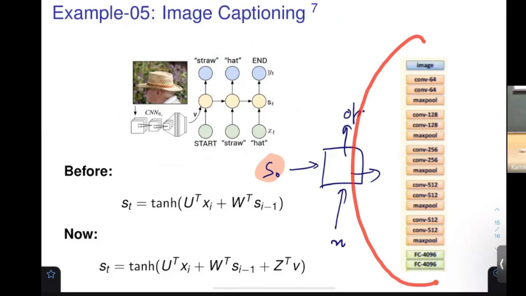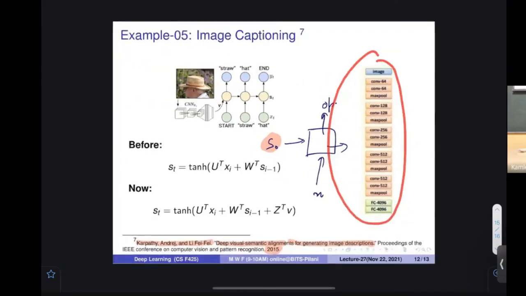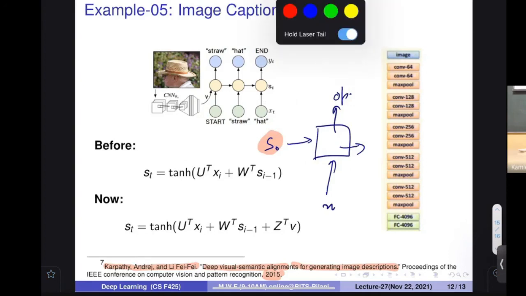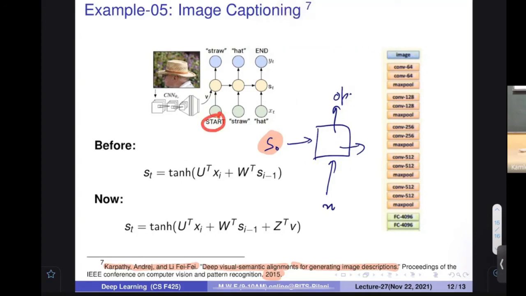This is the neural network architecture they gave. The interesting point is that if you modify the state formula by including some other feature from outside, your network is going to give you something related to that. The same thing happens here. Initially the input is a start, it gives straw, straw is fed again and you get hat, hat is fed again and you get end. So straw hat is the output.